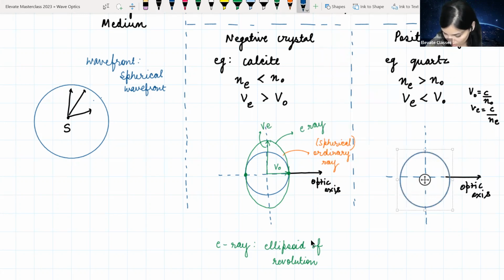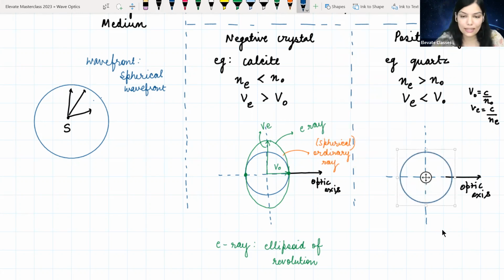It doesn't look like a circle, but it's supposed to be a circle. Okay, so this is again the same wavefront which is being formed for the ordinary ray. So this is again the ordinary ray.